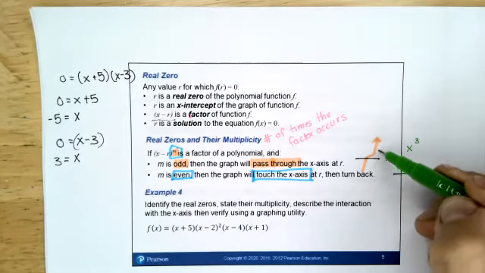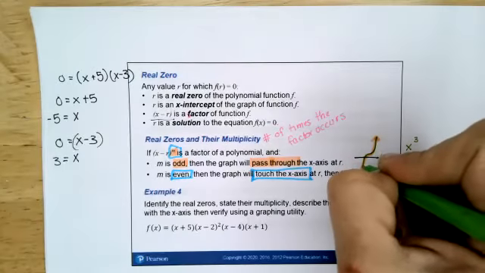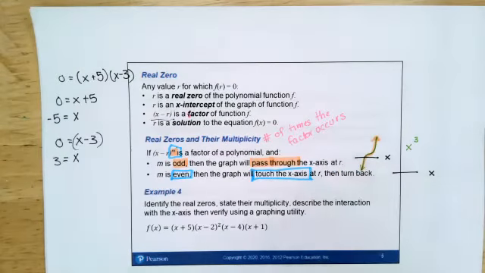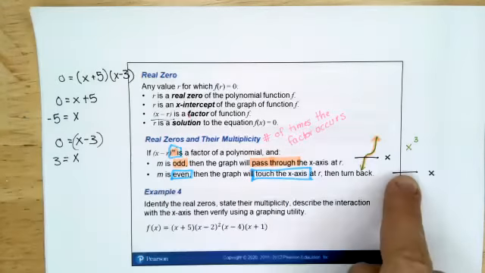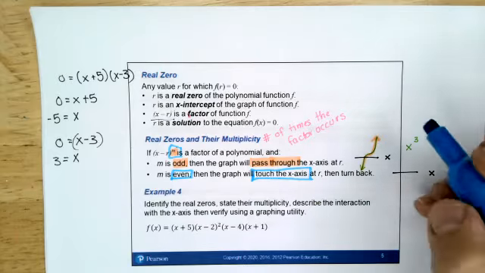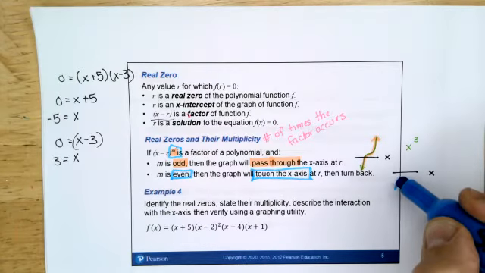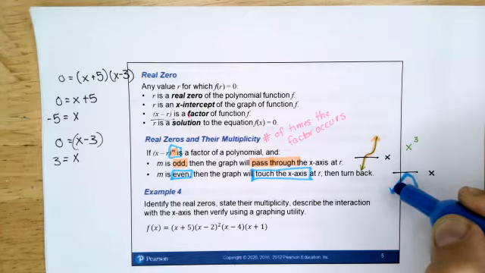X cubed looks like this, right? X cubed passes the x-axis. However, even touches the x-axis and comes straight back up or down. Oh, I didn't even get it to touch. I was too shy.